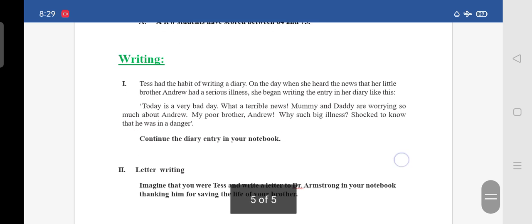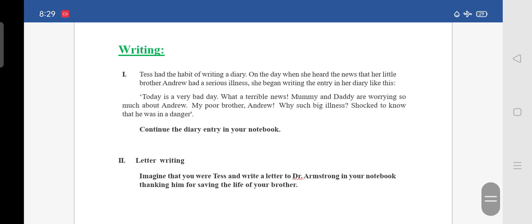See, writing. Roman number 1. Tess had the habit of writing a diary. On the day when she heard the news that her little brother Andrew had a serious illness, she began writing the entry in her diary like this.